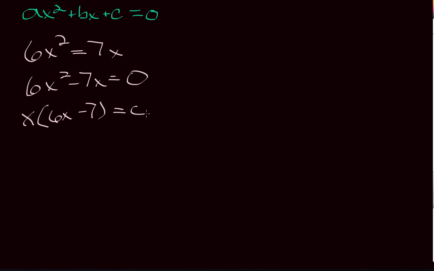Well, that's pretty simple. Set both things equal to 0: x equals 0, and 6x minus 7 equals 0. Now we're going to add that 7 back over there. Plus 7, that goes away. That makes 7.